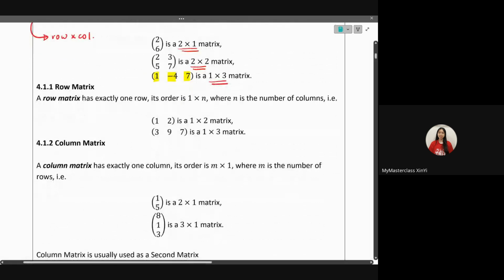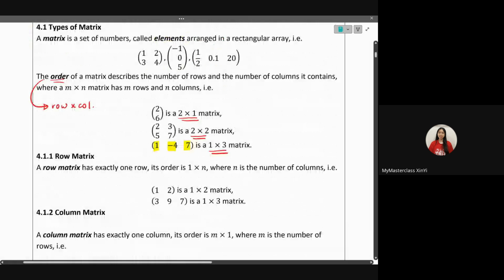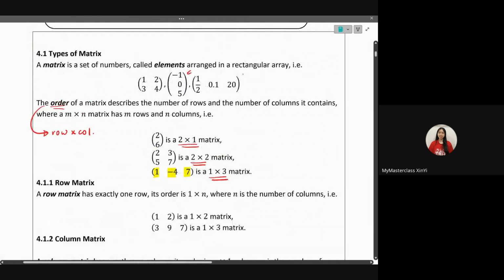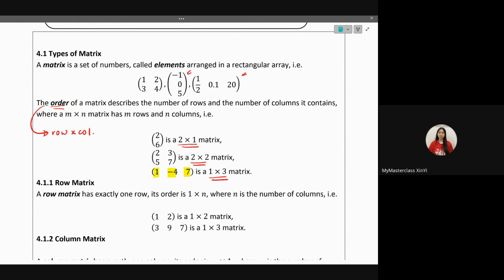Just now you have seen examples like this and this. This is basically a 3 by 1 matrix. This is what we call a column matrix, and this is what we call a row matrix, simply because this contains only 1 column and this contains 1 row.